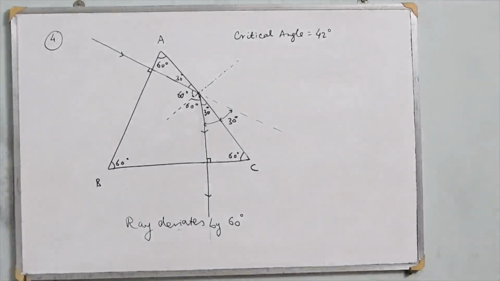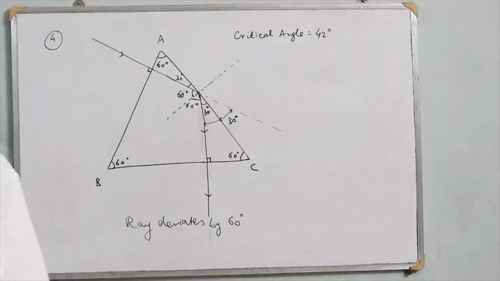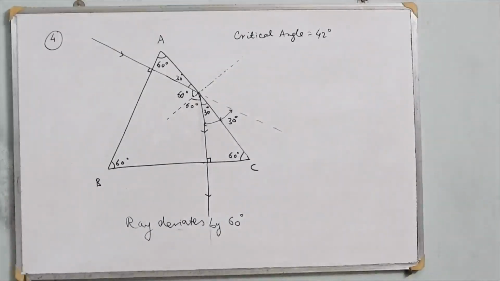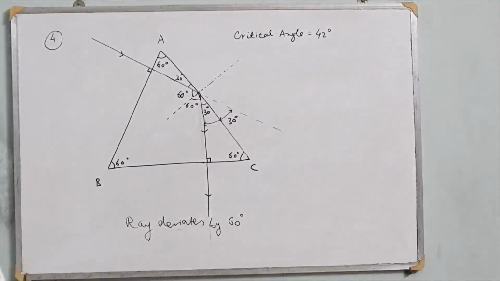So we can consider more such examples. Suppose we take a prism, a right angle prism, but not right angle isosceles prism. The other angles are suppose 30 degree and 60 degree each.